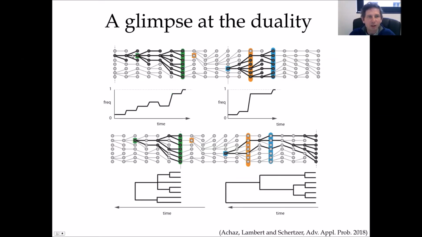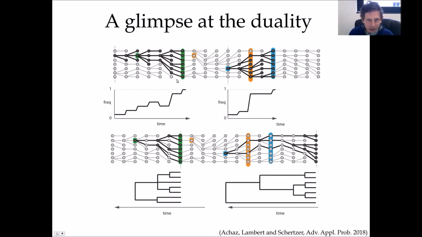This is what I've done here. I've picked that individual and I've colored all their descendants. And you see they slowly invade the population up to a point where they reach 100% of the individuals. Corresponding to that, you can look at the frequency of this progeny, and it goes up and down, drifting in space, hence the name genetic drift, right?